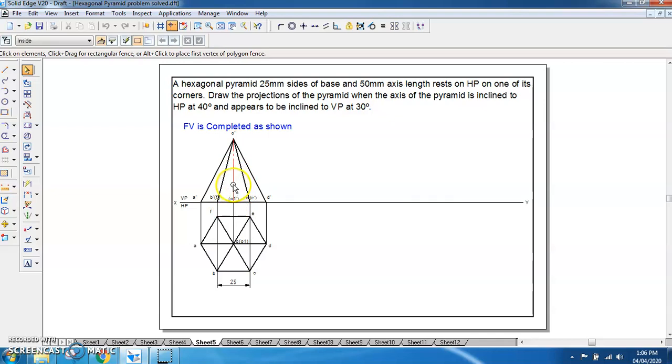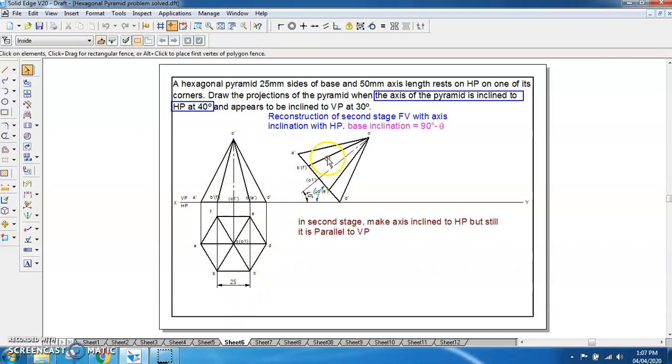So to take the inclination with respect to the axis, we will be taking the inclination of the base with respect to the horizontal line like this. So to reconstruct the second phase, with axis inclination with HP, base inclination will be 90 minus theta. So this base is having 90 minus theta inclination, where theta is the axis inclination, which is 40.